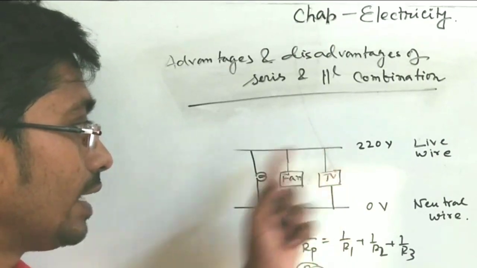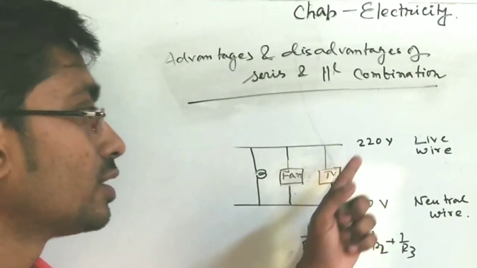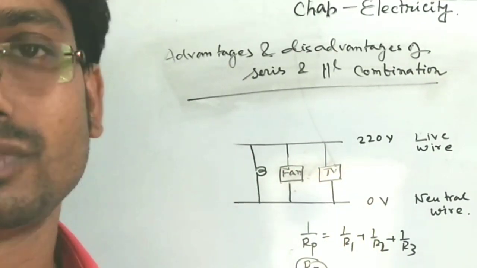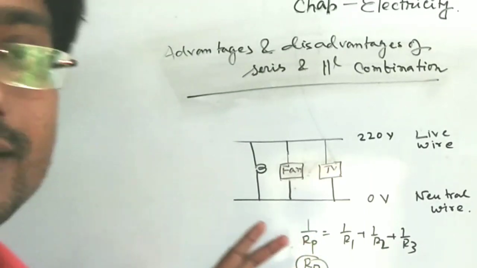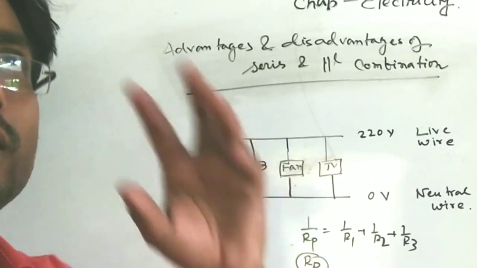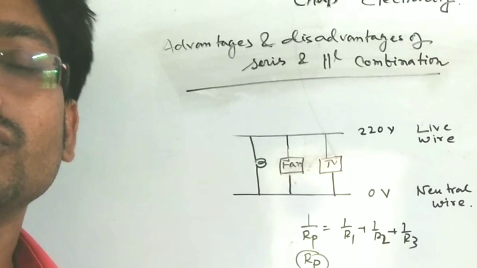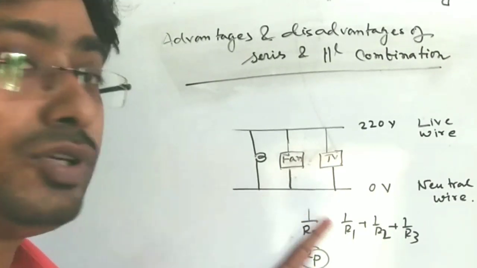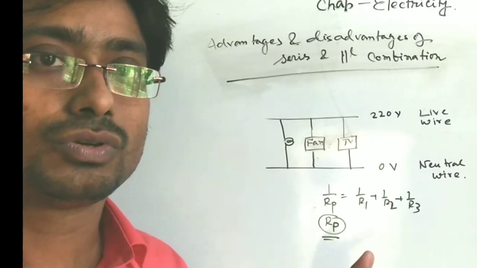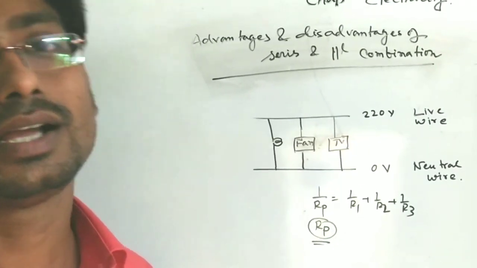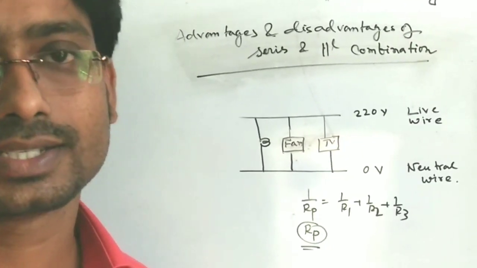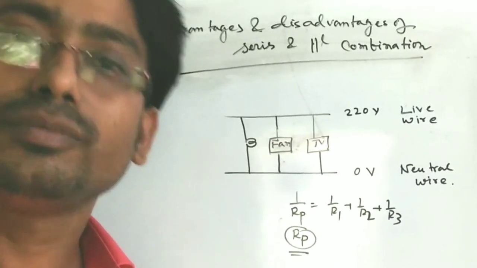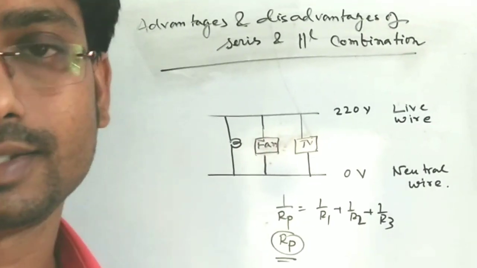All the appliances get the voltage difference 220 minus 0 is equal to 220 volts, and according to their needs, their current requirements are different. A bulb will draw some current, the fan will draw more current than that, and the TV will need more current than that. They draw different currents according to their different resistances. So this can only be achieved with parallel resistances.